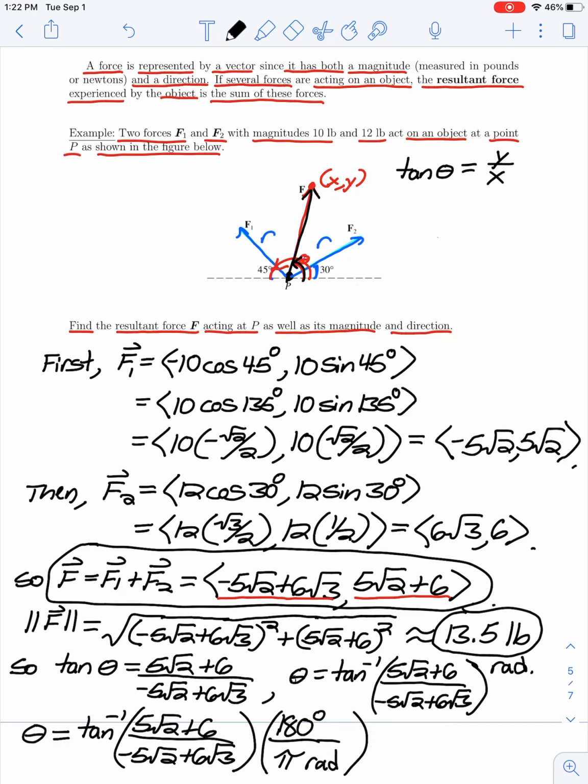So we're taking this angle measure, arctangent of a ratio, which was in radians, multiplying by this ratio to convert to degrees, and we have an approximate value of 76 degrees. So that would be the angle that we rotate by counterclockwise from the positive x-axis to indicate the direction in which that resultant force is acting. Okay.